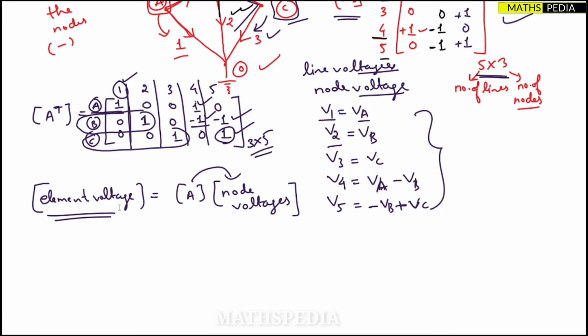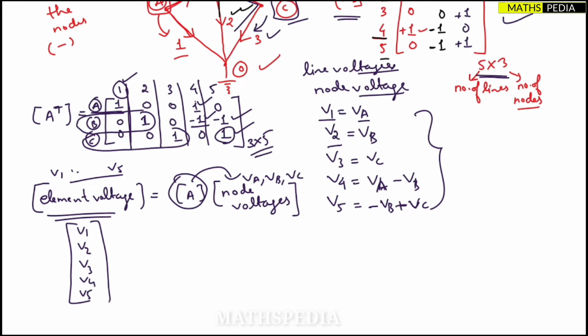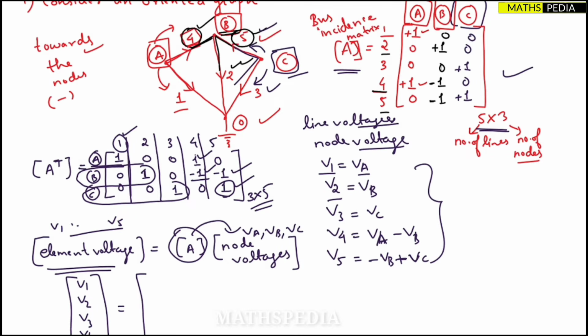So the element voltages basically means V1, V2 till V5. Okay, node voltages VA, VB and VC. So these element voltages are equal to the bus incidence matrix multiplied with VA, VB and VC. So basically V1, V2, V3, V4, V5 will be equal to the A matrix, whatever we had written over here, correct?